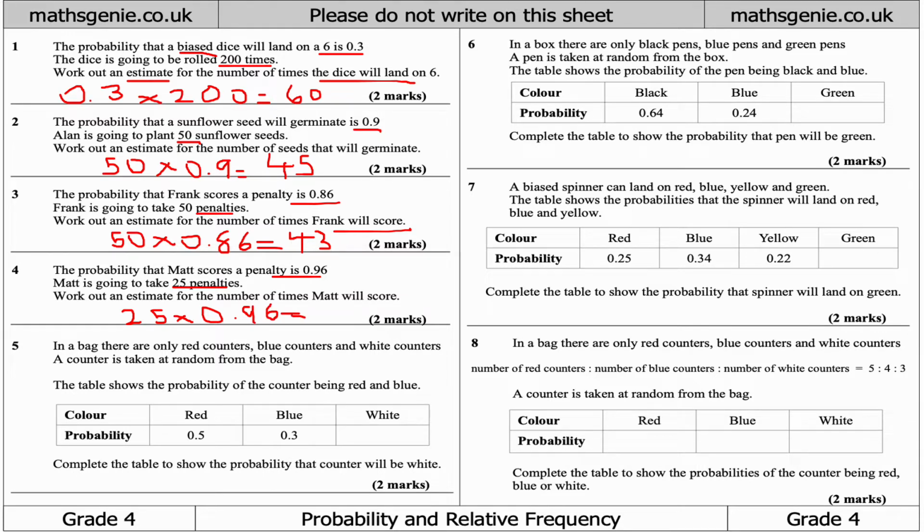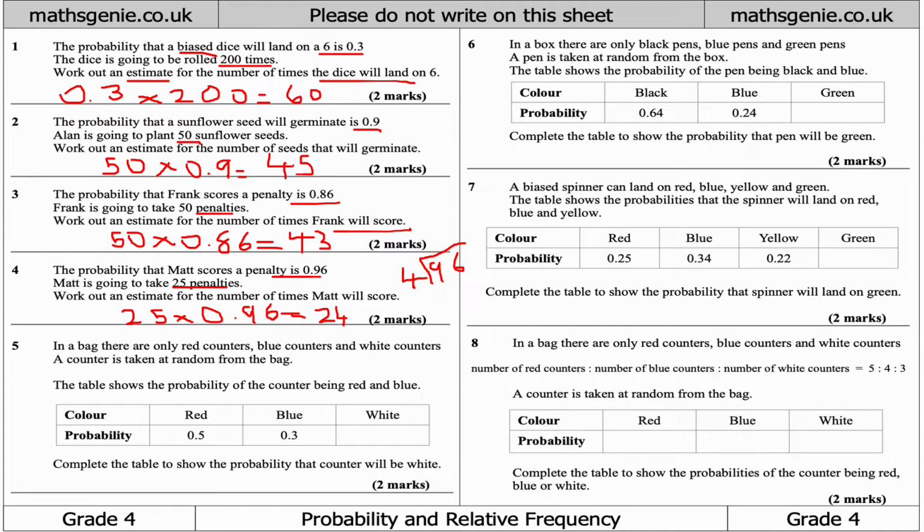So I get 96 divided by 4. Let's use the bus stop method here if we're ever unsure. Halve it and then halve it again. We'll get 48, then we'll get the answer of 24. And again, you are welcome to use a calculator for this if it appears on a paper 2 or paper 3.